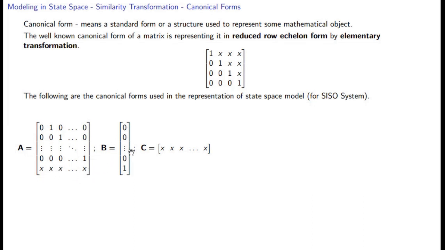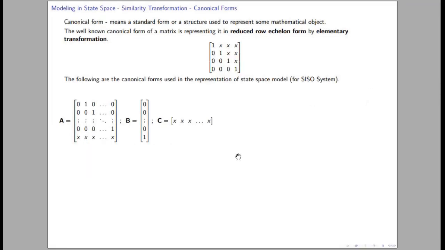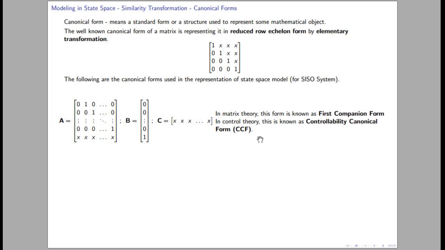If you look at the B matrix, it is going to be 0, 0, 0, and only at the end you will have a 1. The C matrix can have any elements. Since I have taken a SISO system, B is going to be an n cross 1 matrix, and C is going to be a 1 cross n vector. So this is the first canonical form.